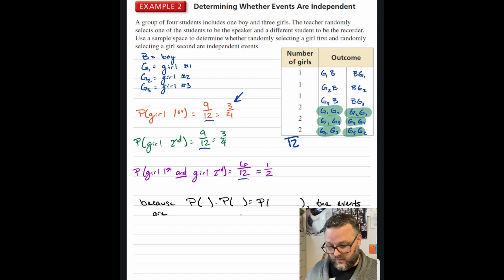So that means it's my overlap. It's where a girl is chosen first and a girl is chosen second. So 6/12 simplifies down to 1/2.